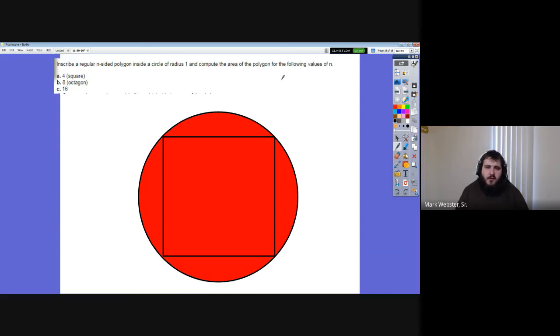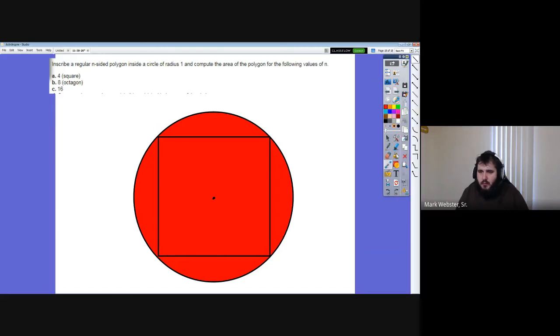First things first, we're going to want to know what's going on here. The circle has radius 1. Let me put a little center of the circle there, and we're going to do a radius. Let's make you blue.